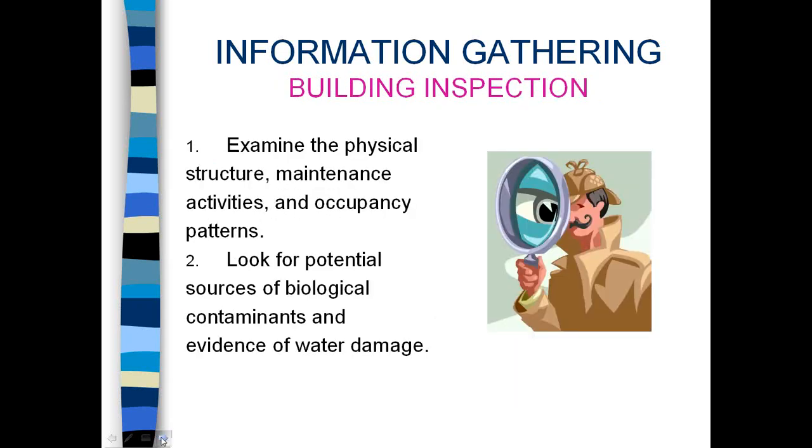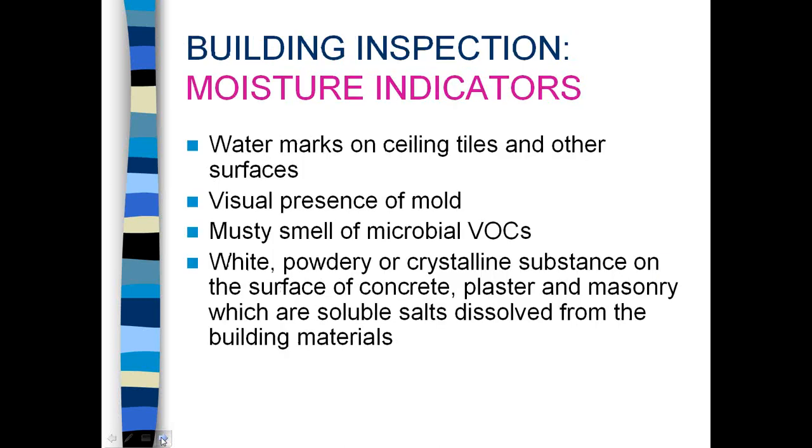In the information gathering step, do a building inspection, examine the physical structure, maintenance, and occupancy patterns. Look for potential sources of biological contaminants. In particular, look for moisture indicators such as watermarks, visual presence of mold, that musty smell.